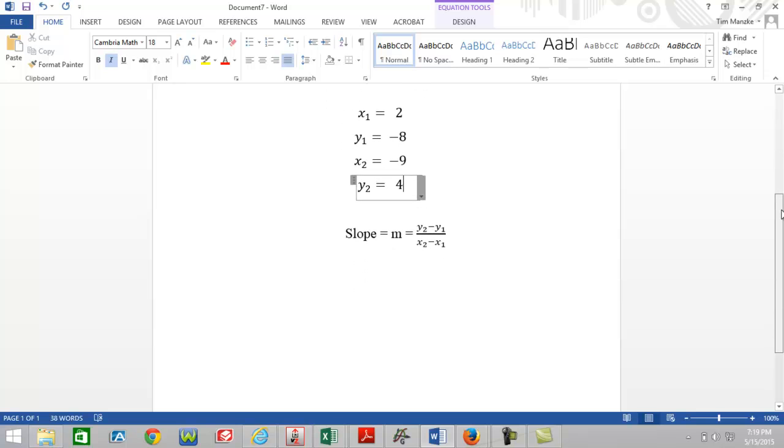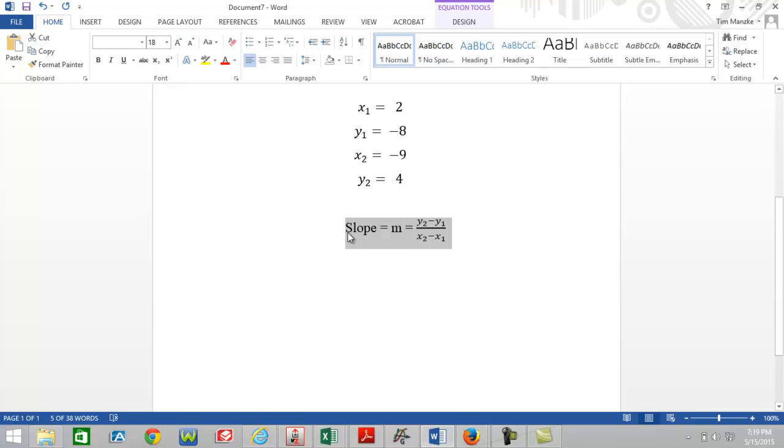The formula to find the slope of a line, in most math books will use the letter M to represent the slope. So I'm going to take that formula and I'm going to now replace my assigned values into the expression.